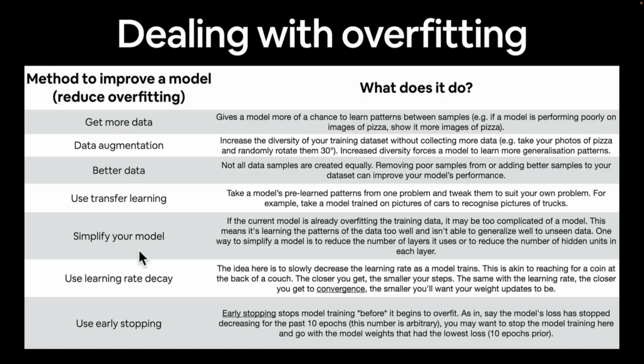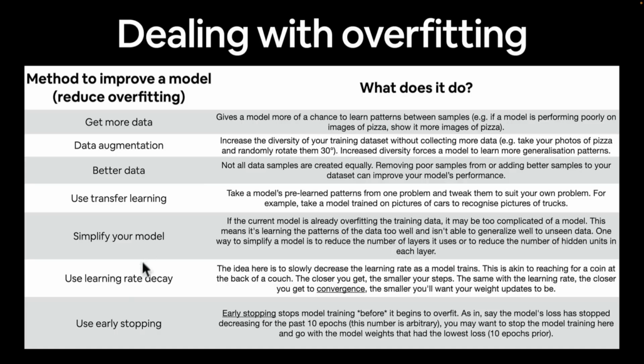Well, if you simplify your model and take away complexity from your model, you're kind of telling your model, hey, use what you've got, and because you've only got 5 layers now, you're going to have to make sure that those 5 layers work really well because you've no longer got 10. And the same for hidden units. Say you started with 100 hidden units per layer, you might reduce that to 50 and say, hey, you had 100 before, now use those 50 and make your patterns generalizable.